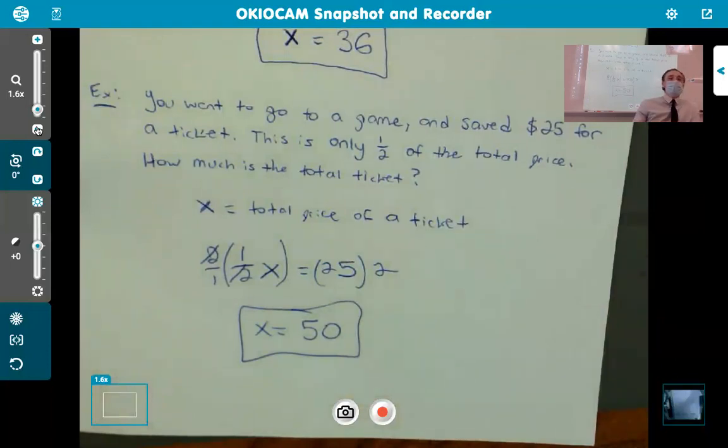How about a little bit of a challenge? Say you save $25, but you want to buy 2 tickets. Work backwards now. How much is the price of 2 tickets if one's 50? 100. So if you have $25, 1/4, good. That would be your fraction. You have 1/4 of the total price.